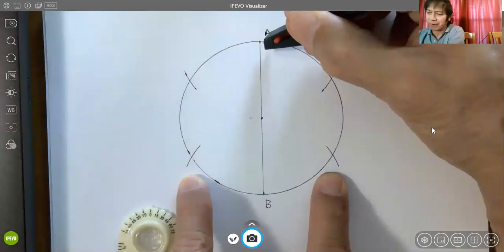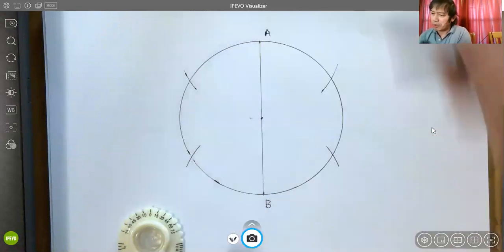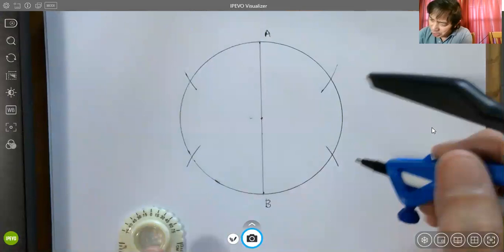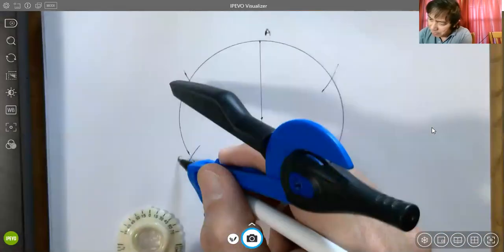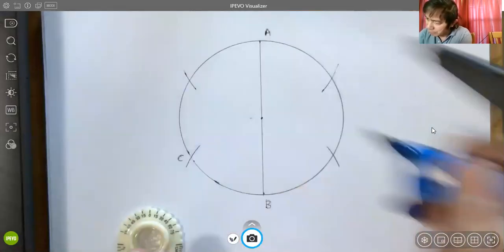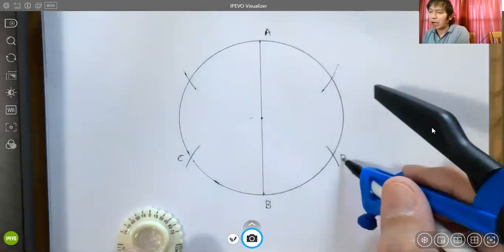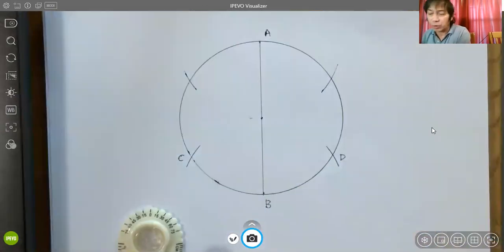So let's call these two lower points C and D there.